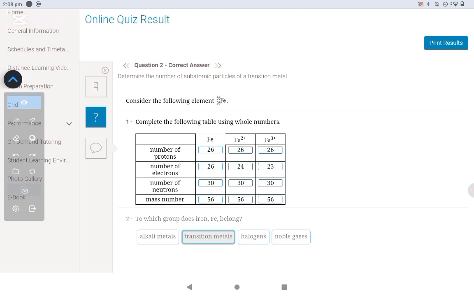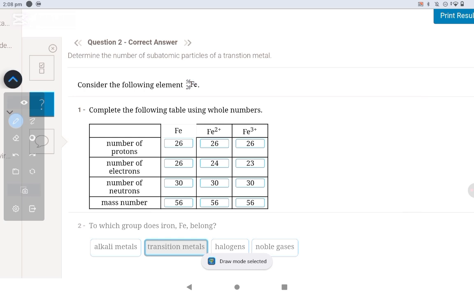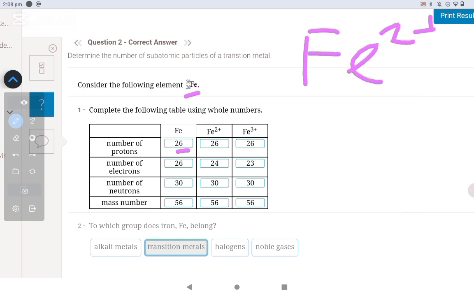Like I did in the last section, the number of protons is equal to the atomic number, 26. Oh, okay, this is isotopes. Whenever there's a symbol next to it, whenever it has a charge, the protons never change, only the electrons change.